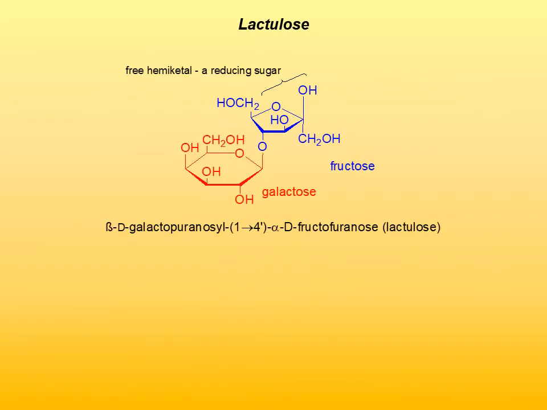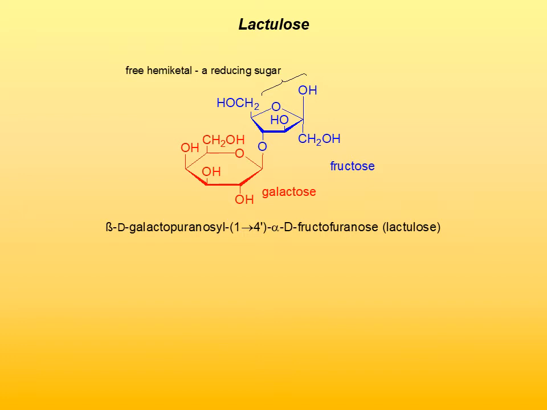Another interesting disaccharide is the heterodisaccharide lactulose. This disaccharide is composed of galactose and fructose joined by a beta 1,4 glycosidic bond. It is a reducing sugar because the fructose unit has a free hemiketal function.